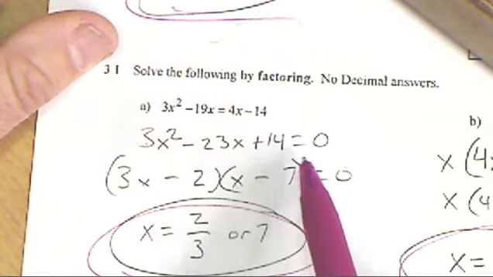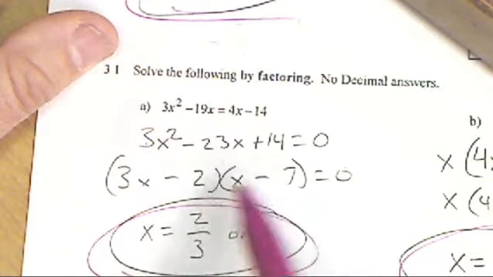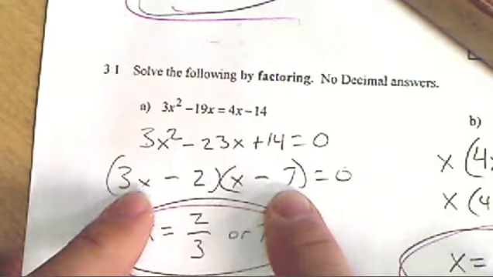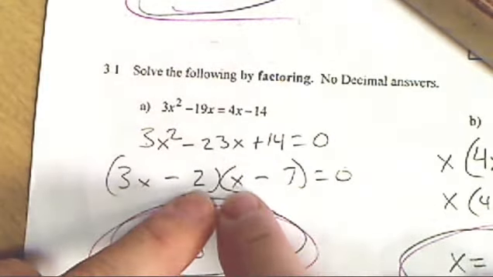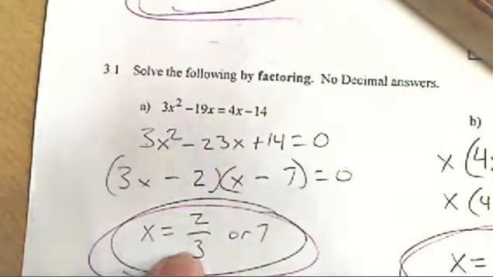So I have 1 and 14 and 2 and 7. So I just plug them in until I find the right one. When I multiply those two together, I'm just doing the opposite of FOIL. 21 negative, 2 negative. When you add those together, you get the -23. So it works.